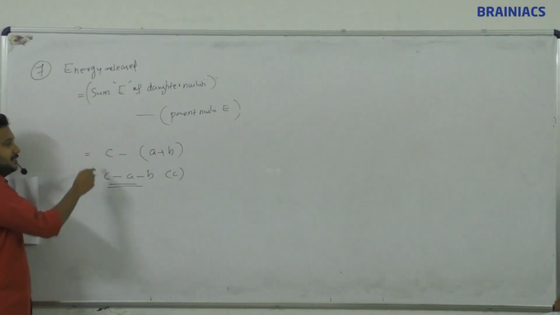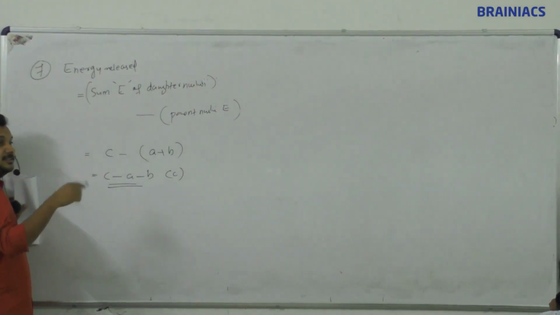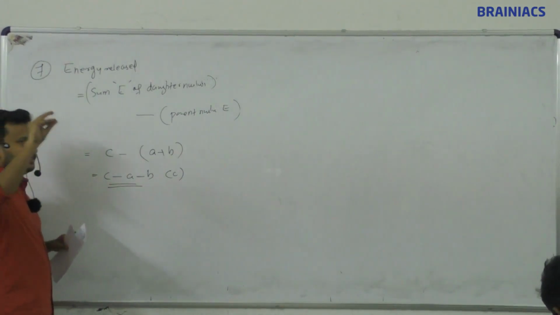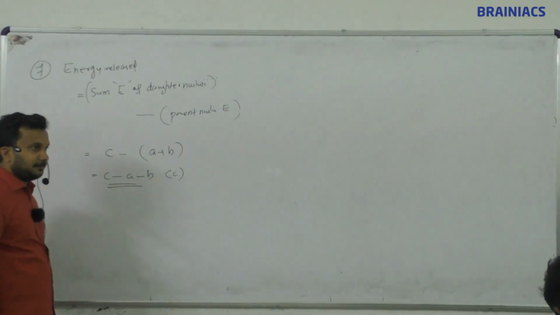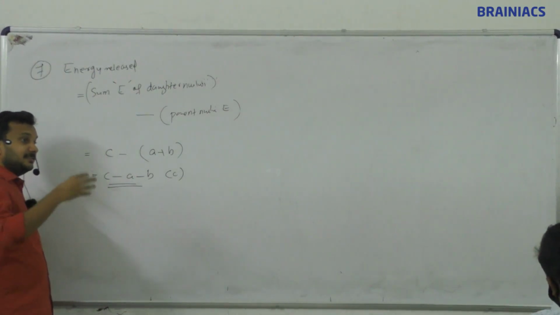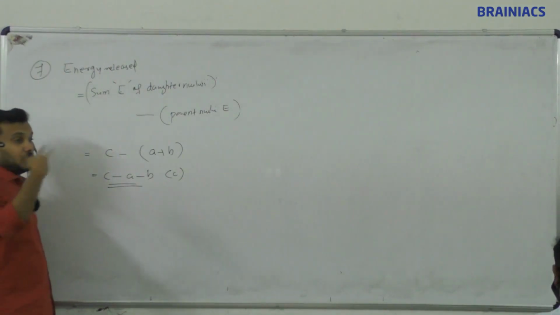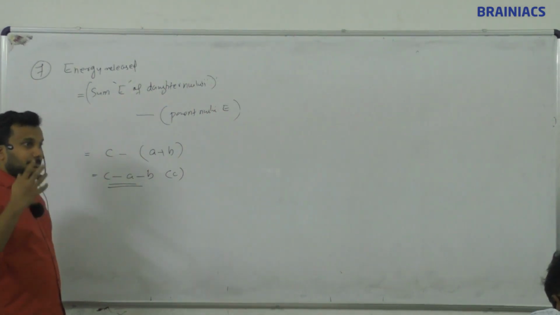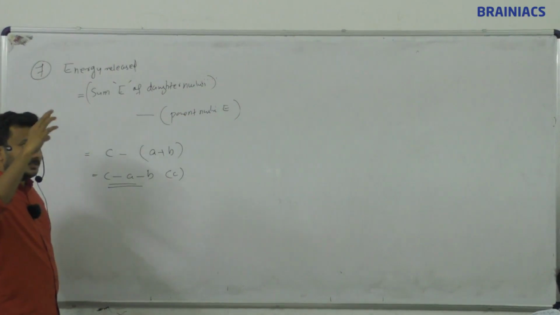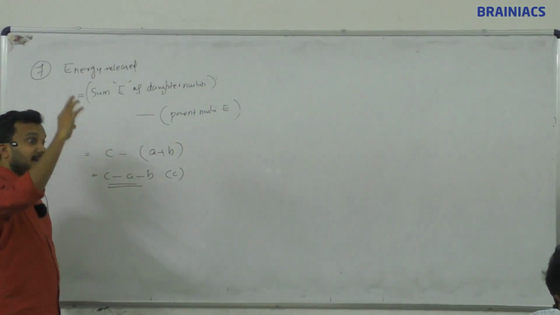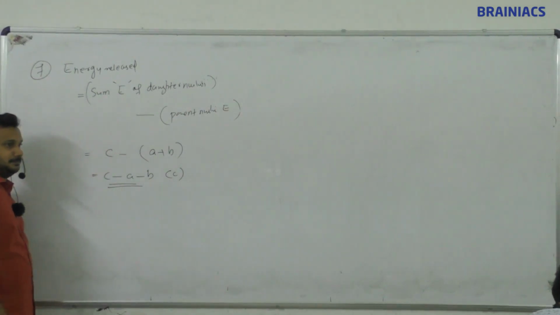The difference is that the daughter nuclei energy will be higher. Why? Because for everything there will be potential energy plus kinetic energy. The parent nuclei are not moving, so their energy is less. But the daughter nuclei are moving with a kinetic energy of P square by 2m. Because of the additional kinetic energy gained by the daughter nuclei, their energy is higher than the parent nuclei.